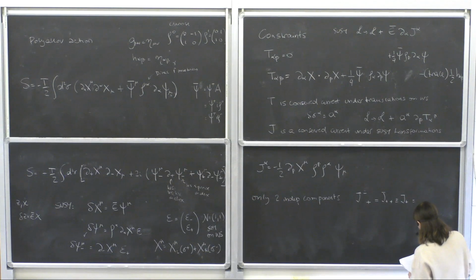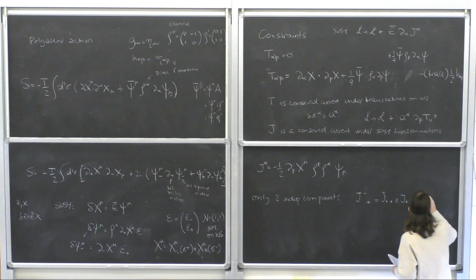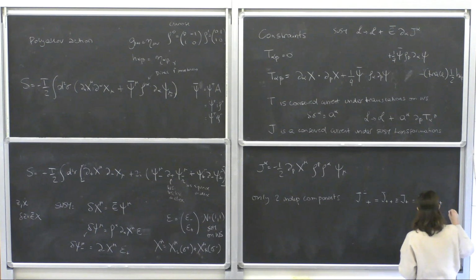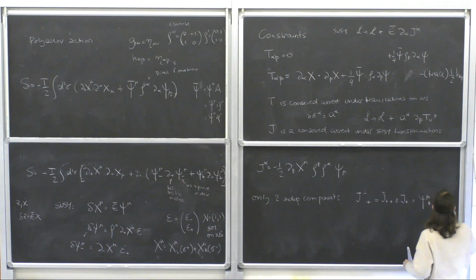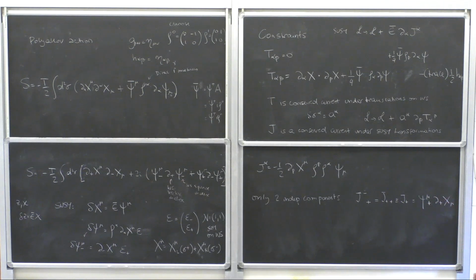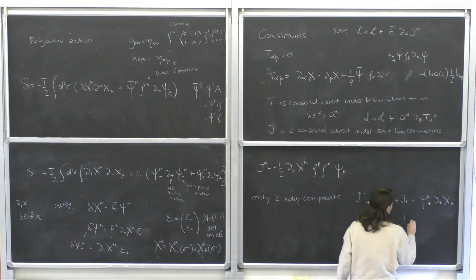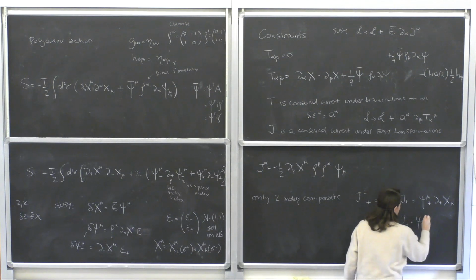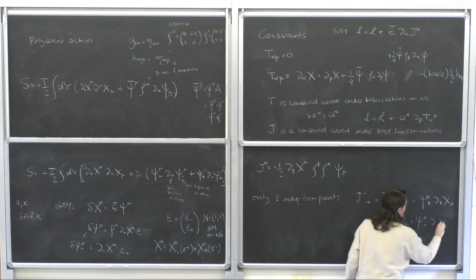This is D plus psi mu plus D plus X mu. So I will have only the left here. And J minus is psi mu minus D minus X mu.